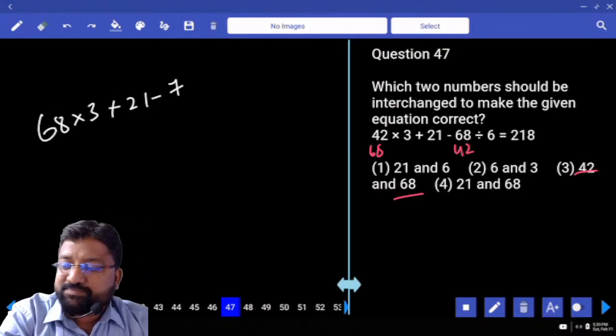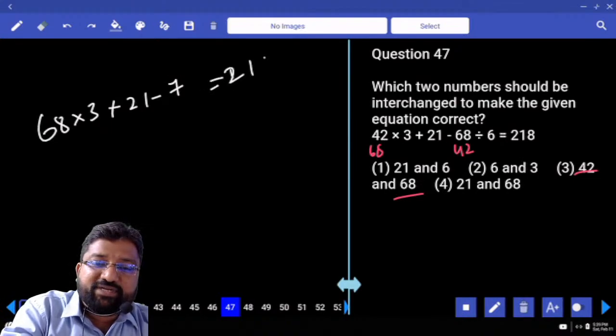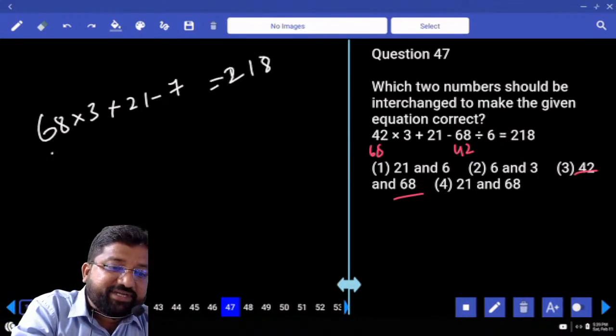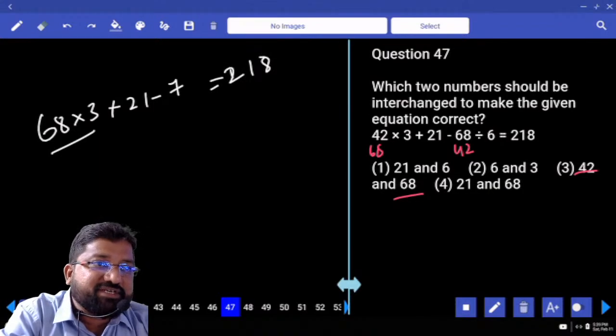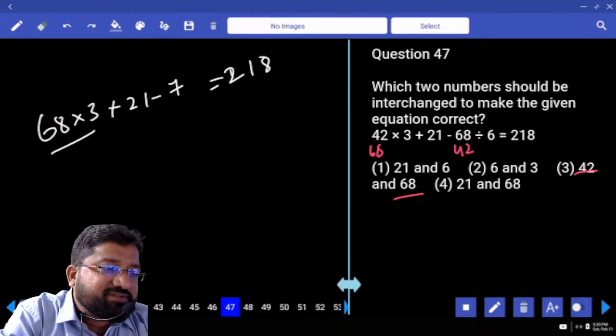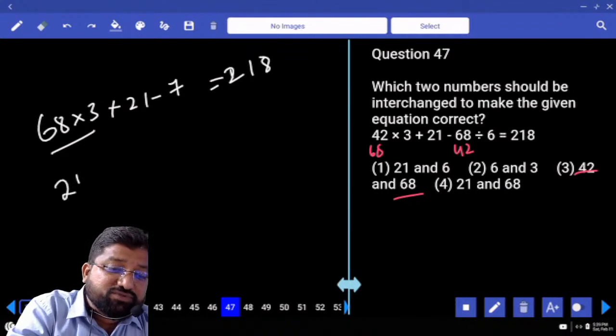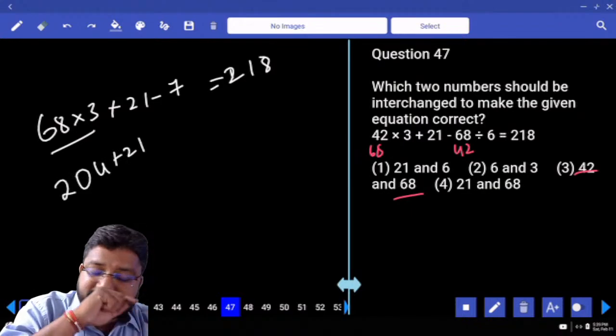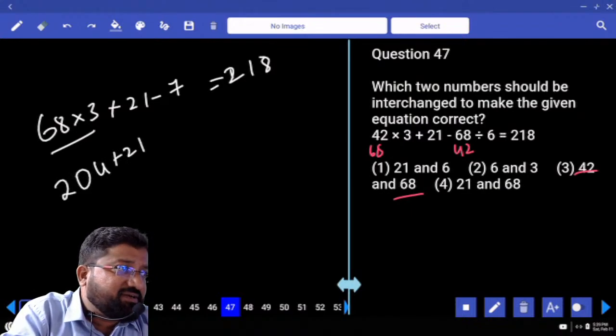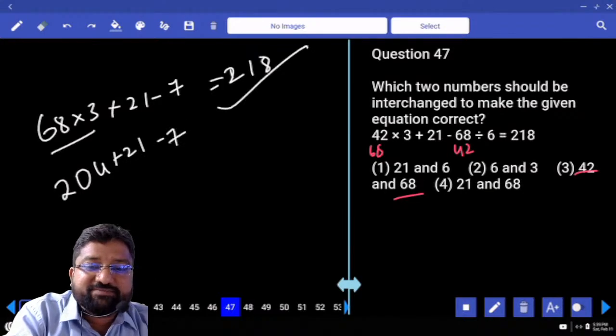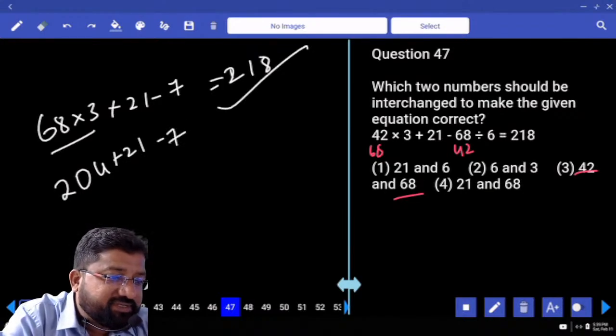Ante kada? Should be equal to 218. 68 3 times. 3 times of 60, 180. 8 3 is 24, 204. Entama? 204 plus 21. 225. Ante kada? 225 minus 7. 218. Clear?